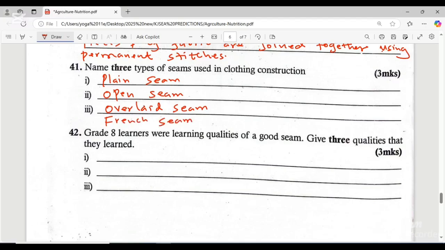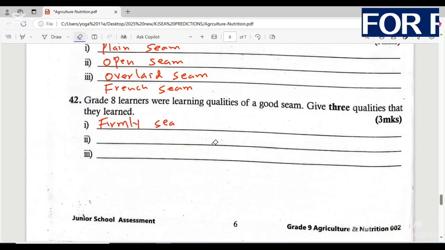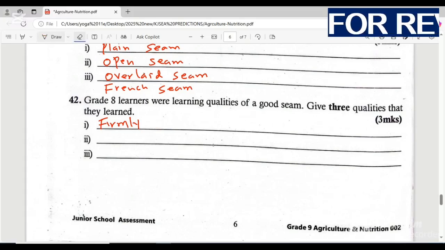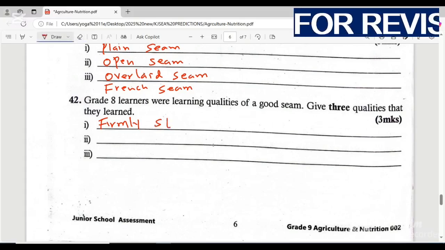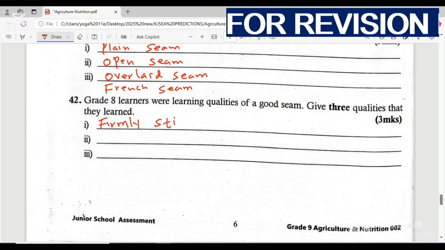Grade 8 learners who are learning qualities of a good seam, give 3 qualities that they learned. It must be firm. It has firm stitches.